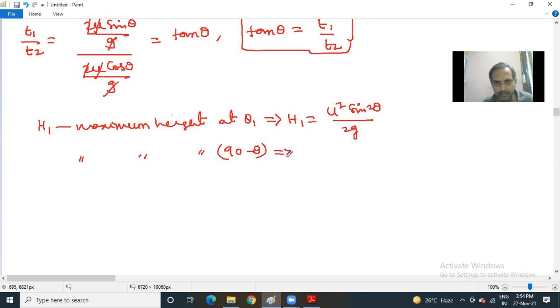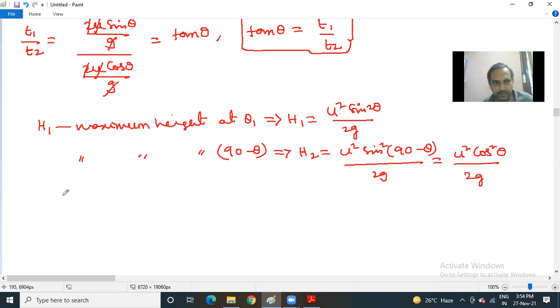So H2 is equal to u square sin square 90 minus theta whole divided by 2g. So this will be equal to u square cos square theta by 2g, since sin 90 minus theta is cos theta and it is squared. If you multiply H1 and H2, you'll get u square sin square theta by 2g into u square cos square theta by 2g.